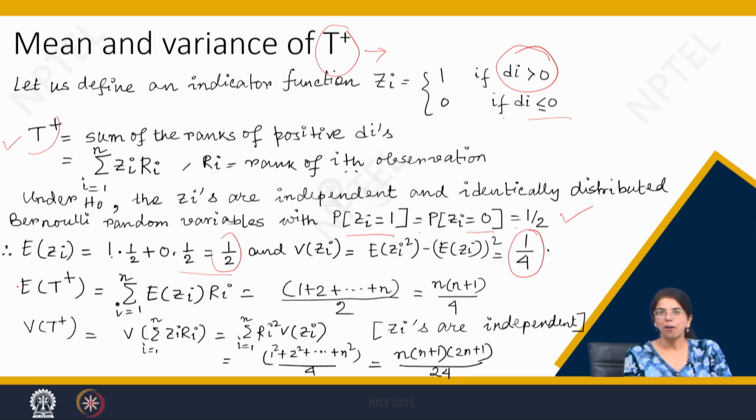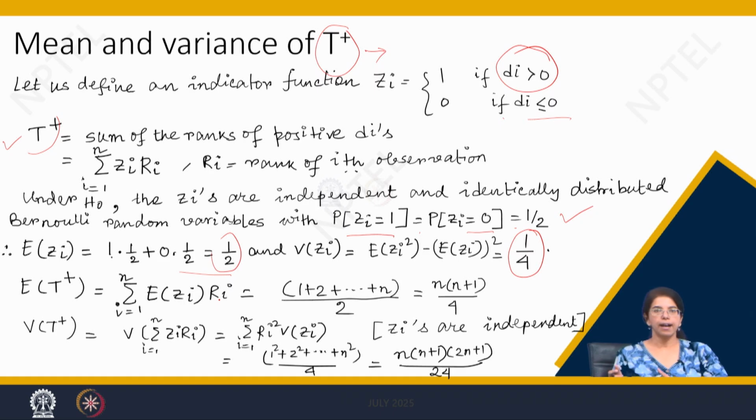Therefore, expectation of T plus will be summation expectation of Zi into Ri. What is expectation of Zi? Already we have figured out, this is half, and Ri's are the ranks of the observations, right? So what are the possible ranks? Just now we have told that possible ranks are 1, 2 till n.